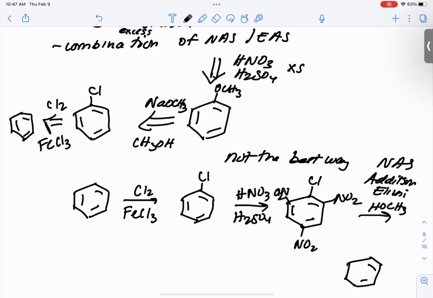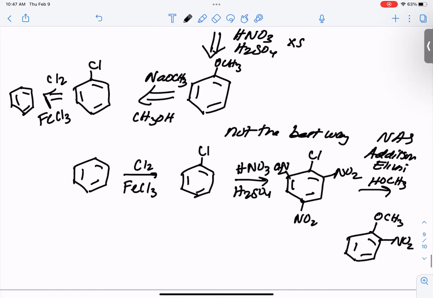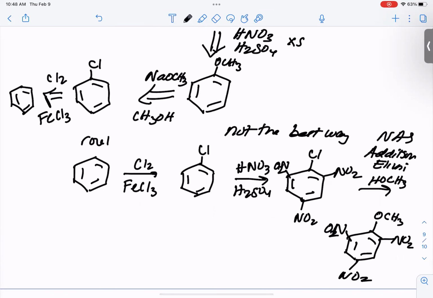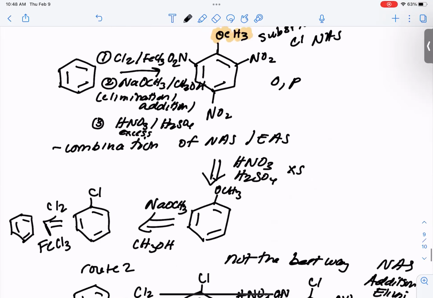Okay, so this is the second route that you could do, where you did EAS first and then NAS, because again, remember, these are those electron withdrawing groups. Or you could have done EAS, NAS, EAS. Okay, so this would be route 1.